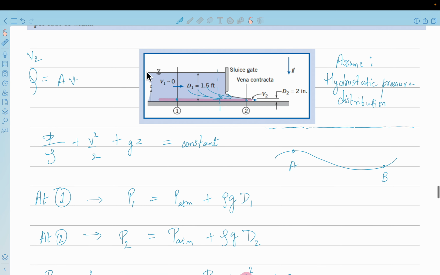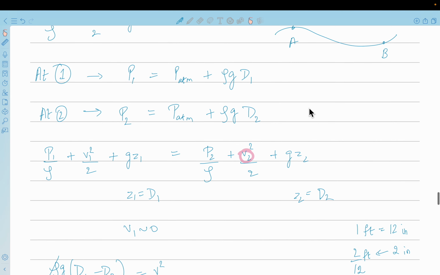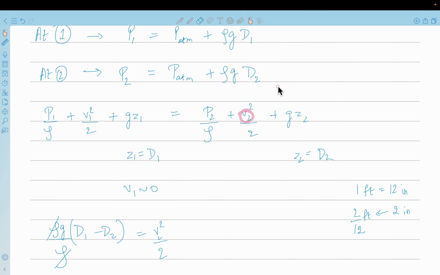So if I fix this surface of the fluid, I have to consider only this surface. I cannot consider this surface. So from this surface, in fact, Z1 and Z2 both are same. Is this clear? So Z1 is equal to D1 and Z2 is also equal to D1.